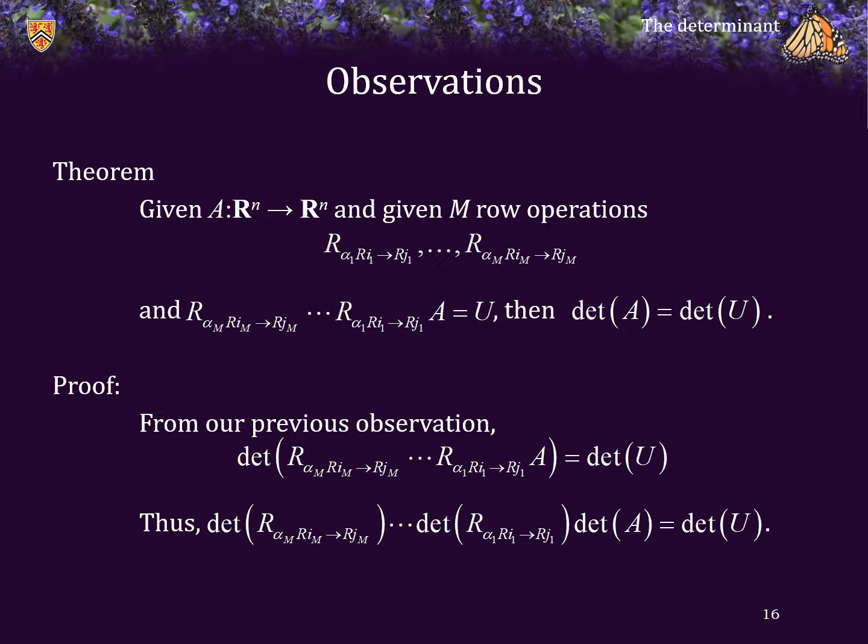However, we noticed that the determinant of adding a multiple of one row of a matrix onto another row, that is, adding a multiple of one entry of a vector onto another entry of that vector, each of those has determinant 1. So 1 multiplied by itself m times, multiplied then by the determinant of A, is still equal to the determinant of U. Thus, that proves this theorem.